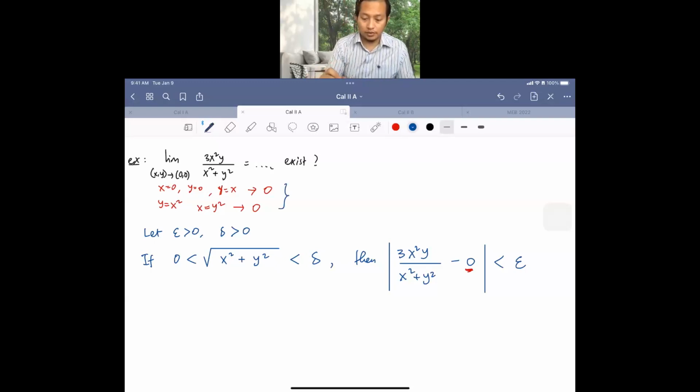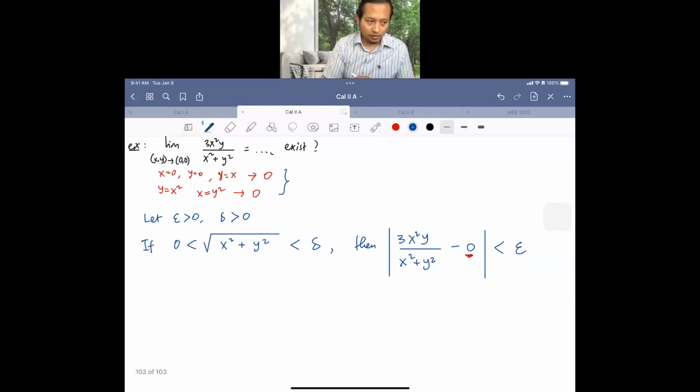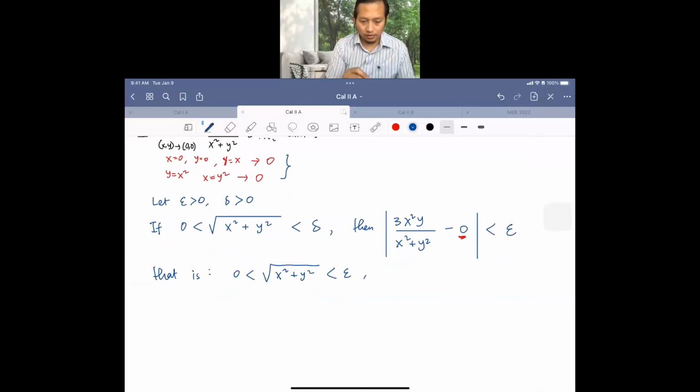So we check through here. That is, we can take the square root for both implications here. Oh, sorry, it's the delta.